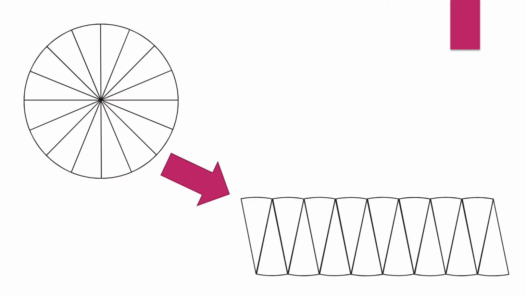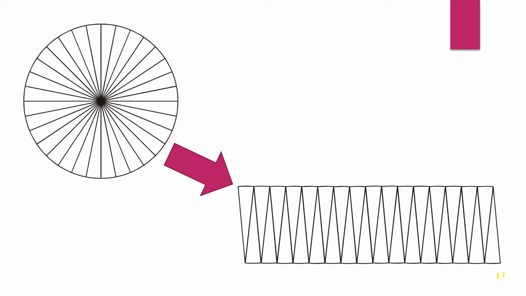So if I chop my circle up into 16 segments, again, I transform it by extracting those segments, and again, you can see that the pieces are becoming more and more straight on the top and bottom edges until, as I tend to infinity, so if I had an infinite number of slices, they would be so thin that you would get pretty much a straight edge going across the top and the bottom.